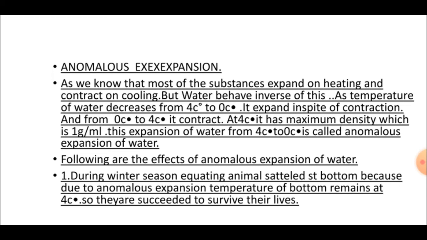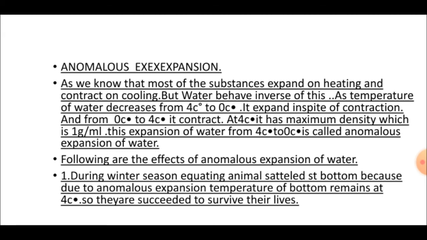And from 0 degree centigrade to 4 degree centigrade, it contracts. It means that at 4 degree centigrade, water has maximum density, and that is 1 gram per milliliter. This expansion of water from 4 degree to 0 degree centigrade is called anomalous expansion of water.